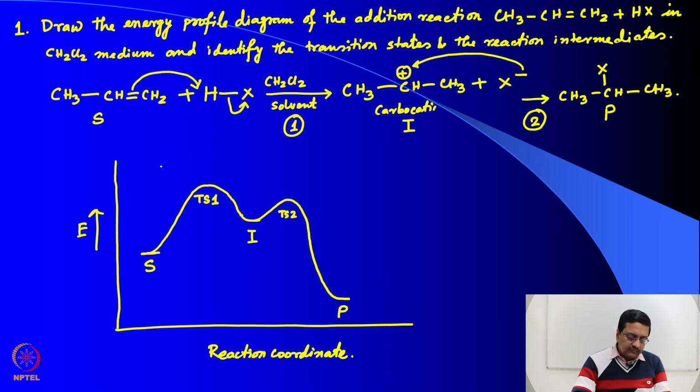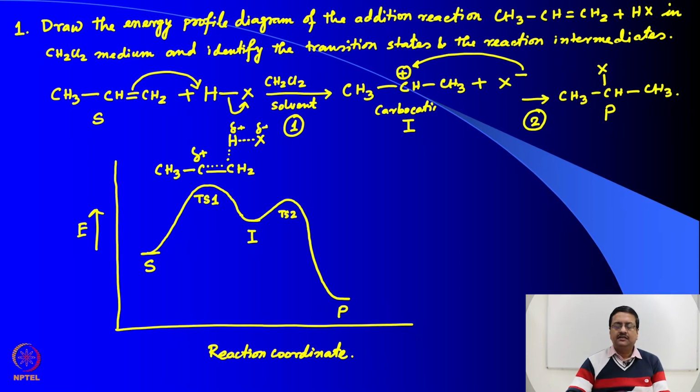So this should be the situation of the transition state, like this. The dotted bonds are the bonds which are either breaking or forming.